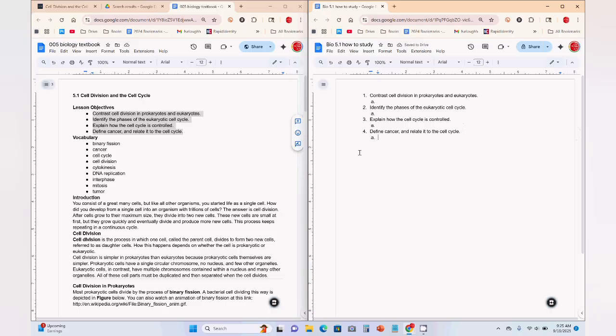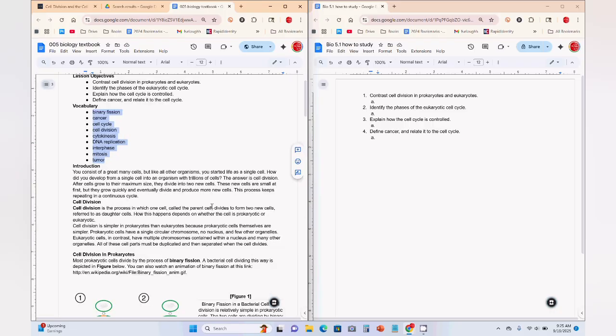Now, I know at the end of reading this, I should know how to contrast cell division in prokaryotes and eukaryotes, identify the phases of the eukaryotic cell cycle, explain how the cell cycle is controlled, and define cancer and relate it to the cell cycle. All right. I also need to know these vocabulary words. And we're probably going to include that vocabulary in the notes we take as we read. However, I'm not specifically going to worry about those in this study technique.